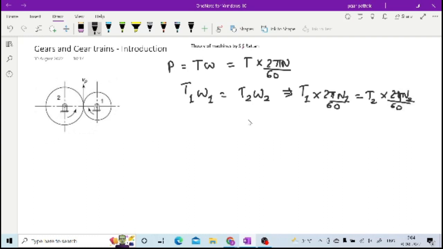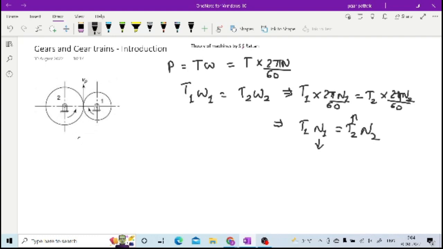Simplifying further, T1 N1 is equal to T2 N2. So when you have reduction in speed, you will have increase in torque. This is how gears are generally used for speed reduction and to get higher torque.